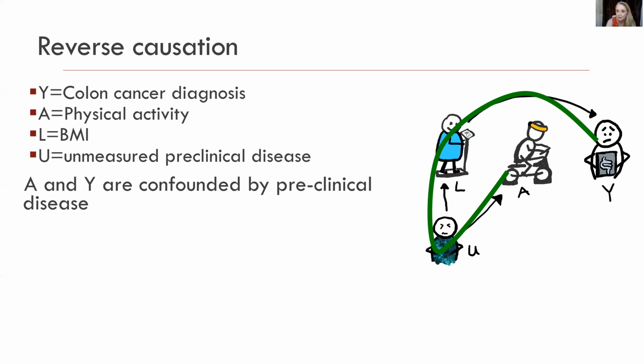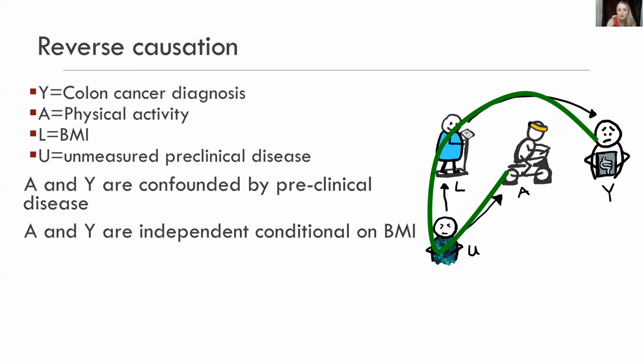So if that's the pathway that exists, that there's any relationship between weight and colon cancer, then if we think about just the relationship of exercise on colon cancer, weight here would be a confounder because of this relationship through preclinical disease. If we control for weight, or maybe BMI as a proxy, this would allow us to assess independently the relationship of exercise on colon cancer.